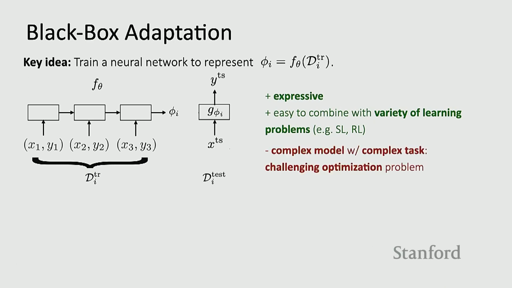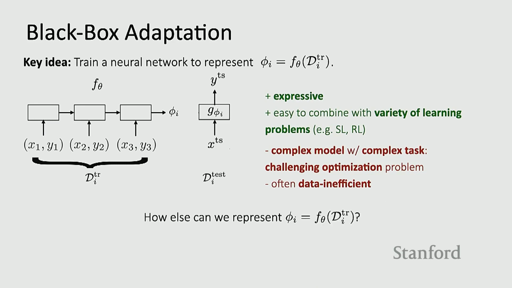There are some downsides. In general, you're trying to learn how to learn from scratch, essentially. You're trying to learn this learning procedure from completely randomly initialized weights of a neural network. This leads to a fairly challenging optimization procedure, and as a result, it can sometimes be data inefficient in terms of the tasks that you need for meta-training.